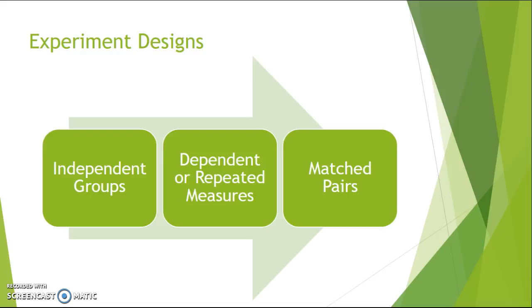You're going to have same height, same sporting background, things like that, and you're going to put them in separate conditions. So person 1, person 2, they're a matched pair. Person 1 will go to condition A where they're being watched. Person 2 will go to condition B where they're not being watched. And then you analyse the data from that.